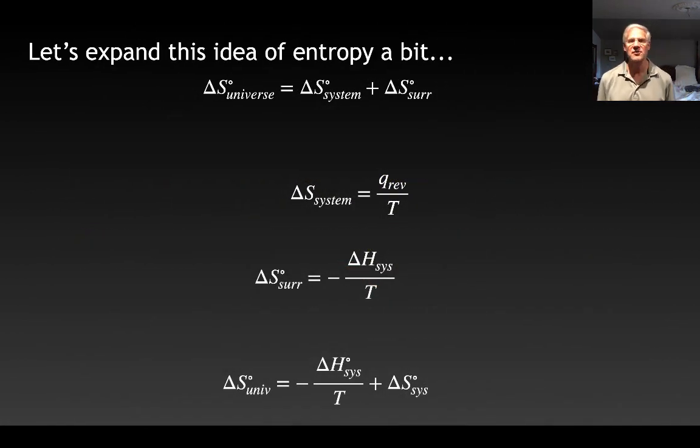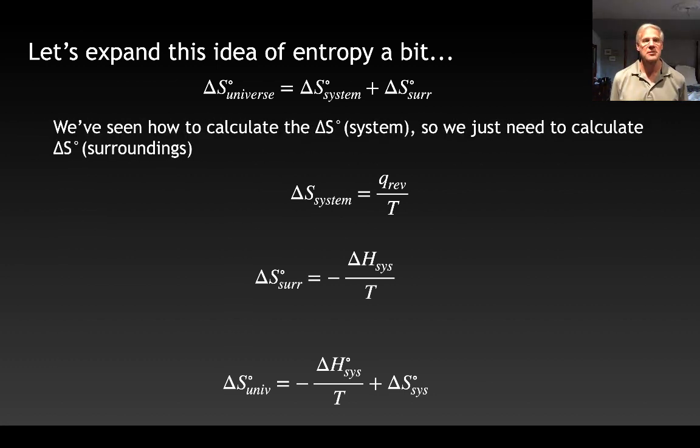So we're going to expand this idea of entropy just a little bit here, and then we're going to continue this discussion in the next set of slides. And so we learned earlier that the change in entropy of the universe is equal to the delta S of the system plus the delta S of the surroundings. Now, we've seen how to calculate the delta S of the system.